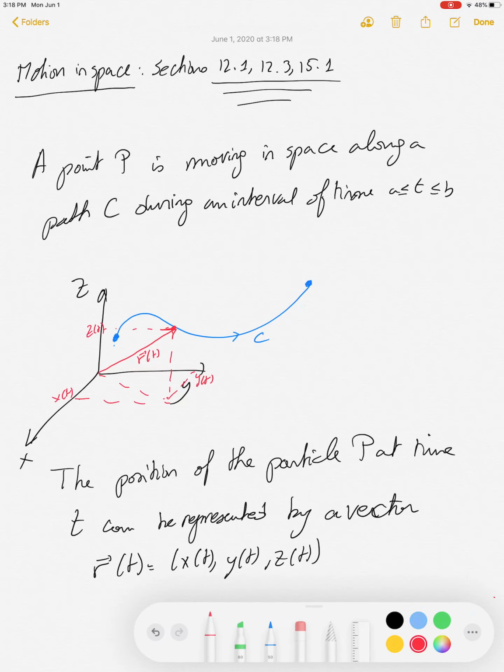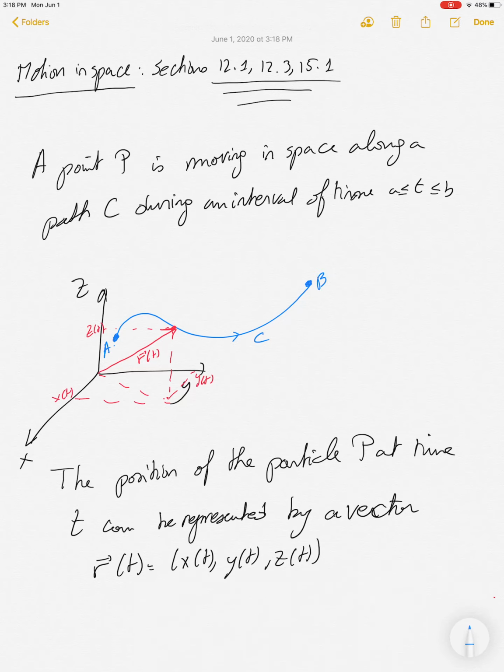Let's say my particle is moving from point A, this is my initial point, to point B. This means A and B are given. Remember, the interval of time is t between A and B. So what is r of A? This will be x of A, y of A, z of A.